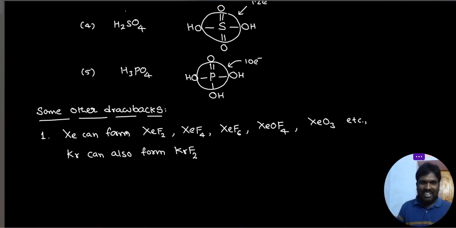So, usually this octet rule is generated from the electronic configuration of inert gases or noble gases. But those atoms, xenon and krypton, are violating it. Understood? So that's one limitation, one drawback.